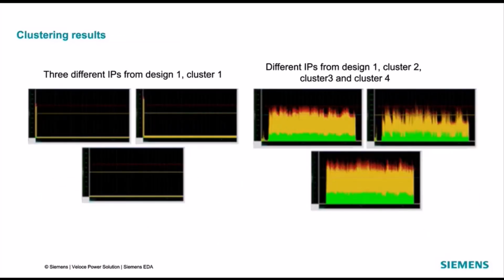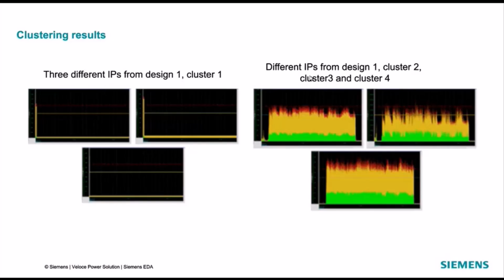Okay, this is the first layer of clustering. As you can see, there are 3 different IPs from design 1 that our clustering algorithm has put in one category. As you can see, they have very similar power behavior. So as a human user, if you look at it, you would consider them to be of the same behavior, while they are different IPs.